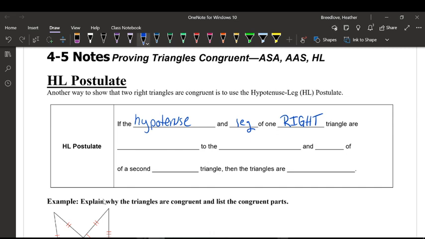It's only in a right triangle. Are congruent to the hypotenuse and leg of a second right triangle, then the triangles are congruent.